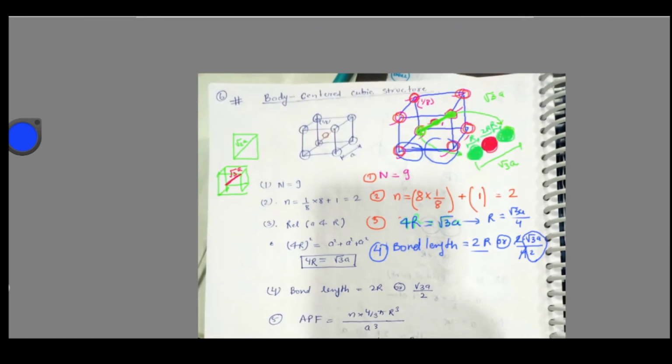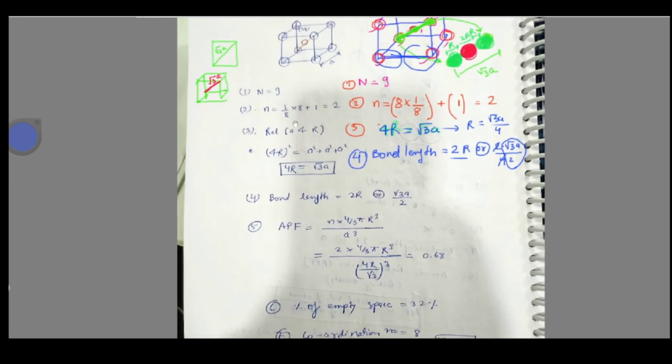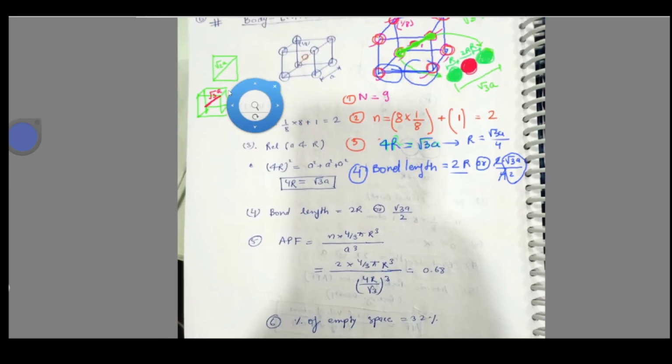And we will calculate the packing fraction, the atomic packing fraction. So the atomic packing fraction is the total volume of atoms divided by the volume of the unit cell. The total volume of atoms means the total number of atoms, that is small n, times the volume of one atom, which is spherical, 4 by 3 pi r cube.